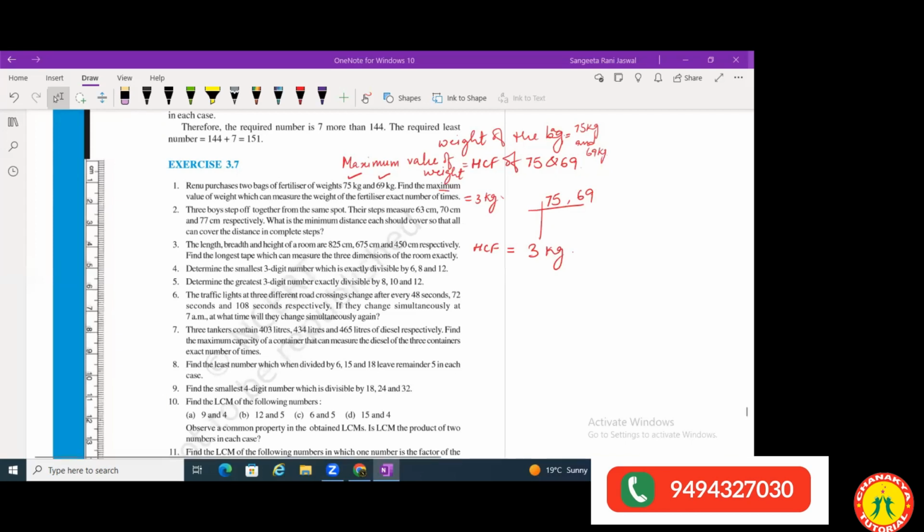Soumya, write the statement and find the LCM of the three numbers. Please write in your notebooks and I'll be checking your notebooks now. You will have to show me on the screen.